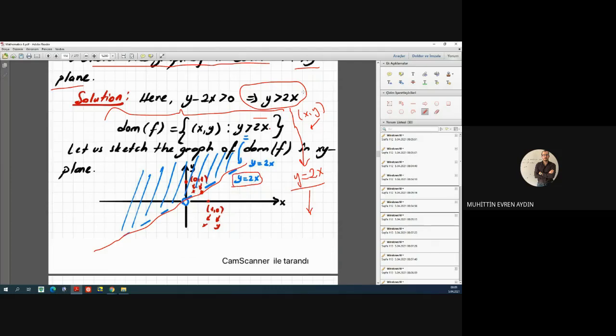But we have the inequality y greater than 2x, which means that we omit the points on the line, and the points above this line are our domain.